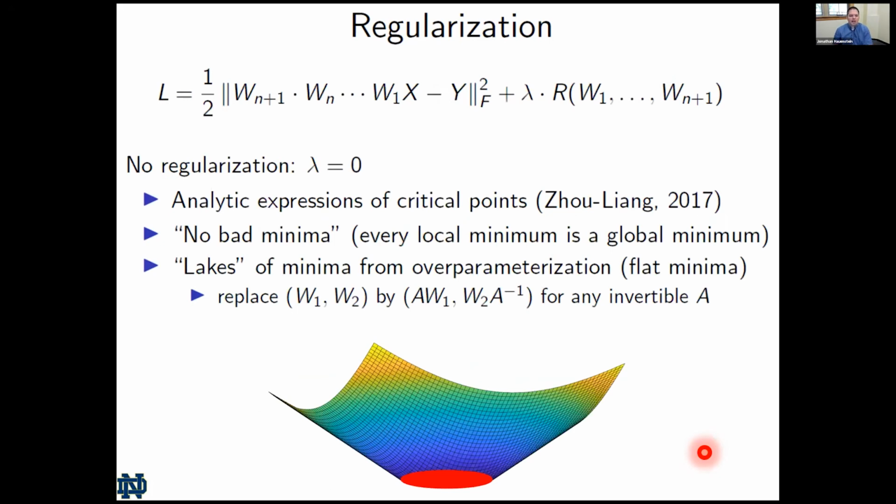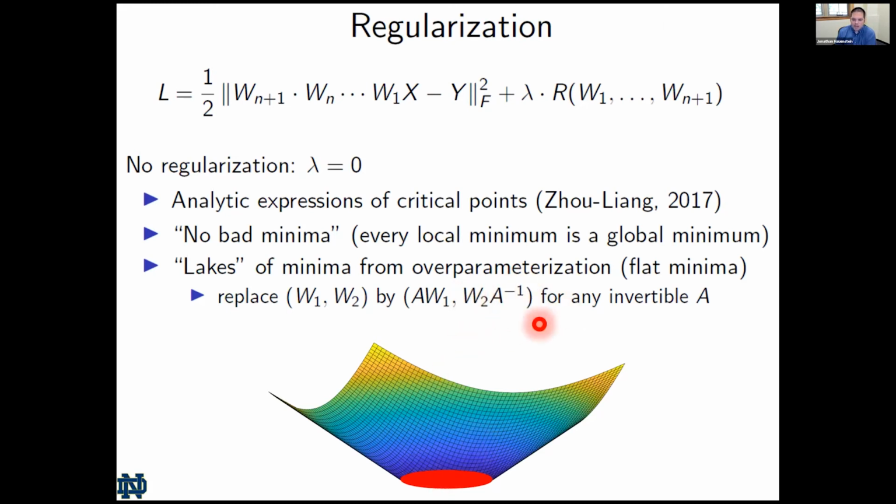So if there's no regularization, then you can actually write down an analytic expression of the critical points. And in fact, there's no bad minimum. So every local minimum is a global minimum. And in fact, you get lakes of these local minima, or lakes of global minima, because of over-parameterization.